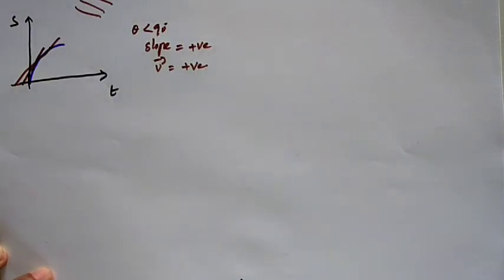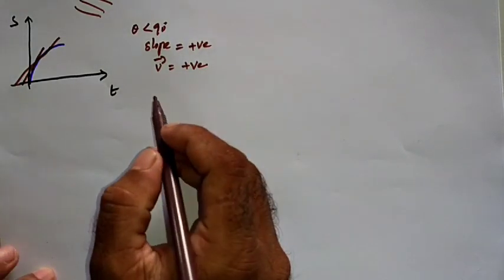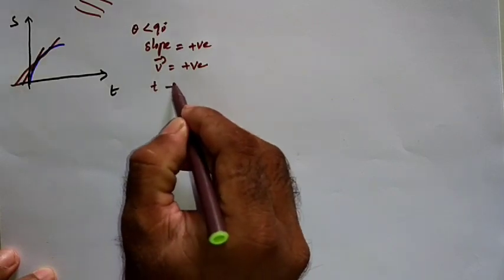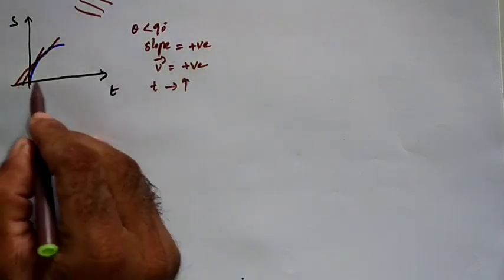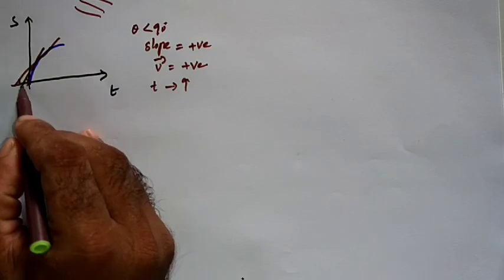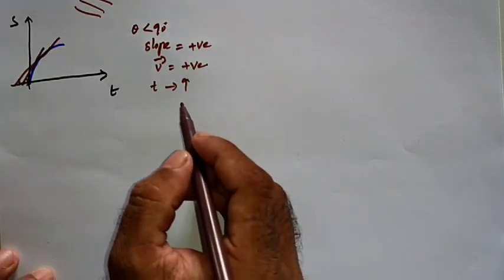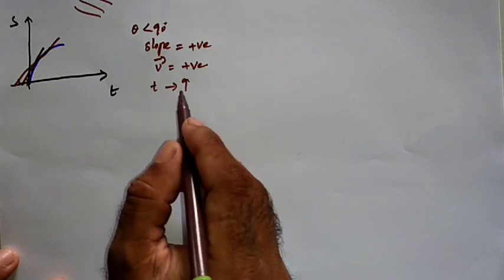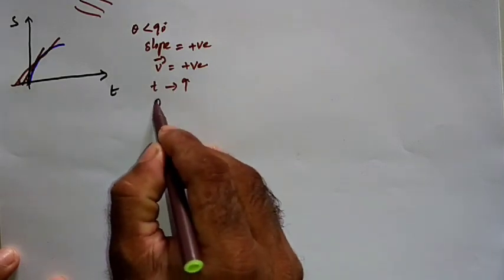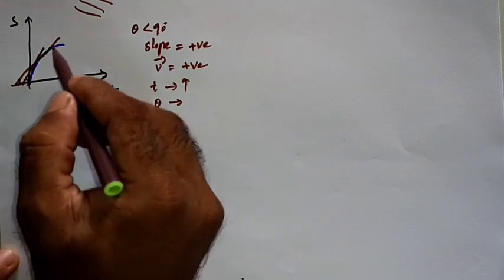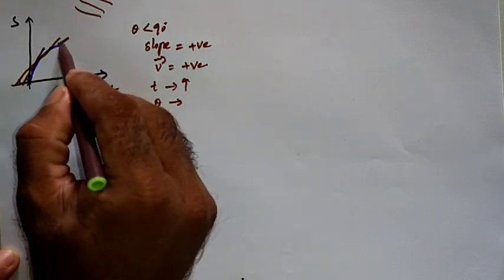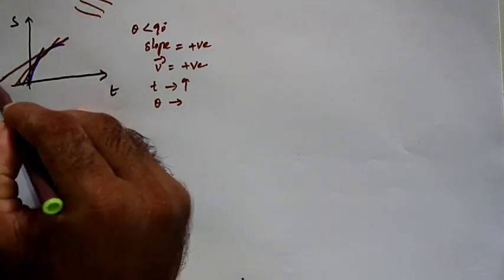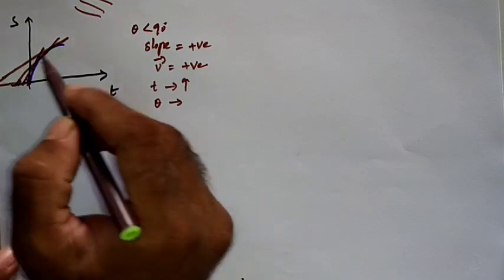Velocity positive. Now see that as time is increasing, what about theta, increasing or decreasing? Observe carefully. At this point if I draw, this could be that. Theta is decreasing.